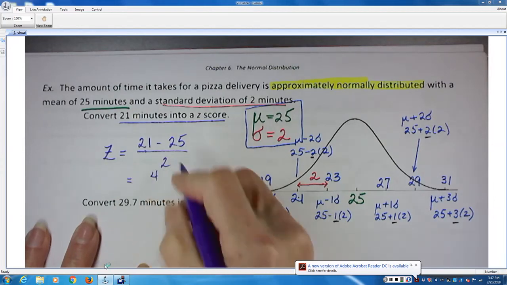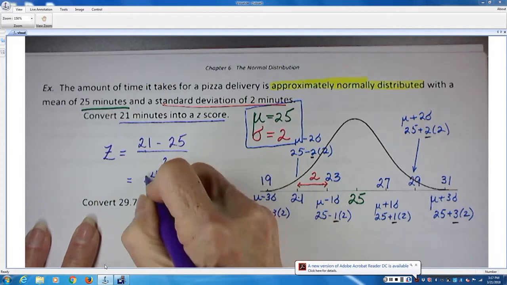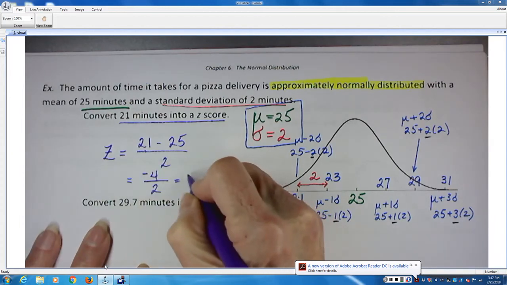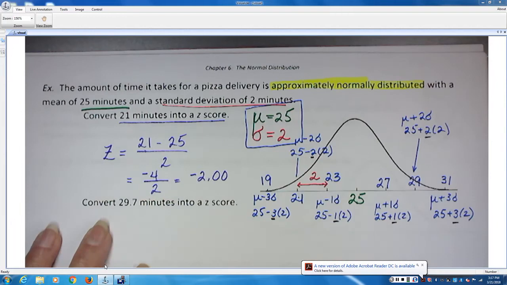That's actually all it's asking for. And remember, z-scores do have 2 decimal places, so I changed that -4 over to exactly -2.00.